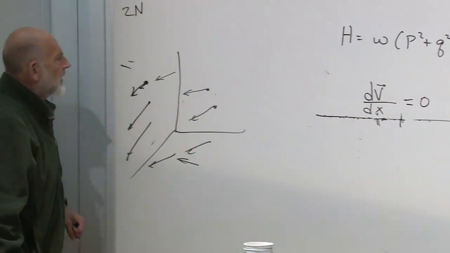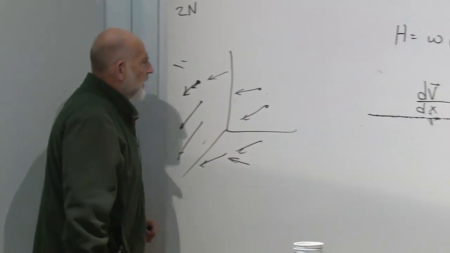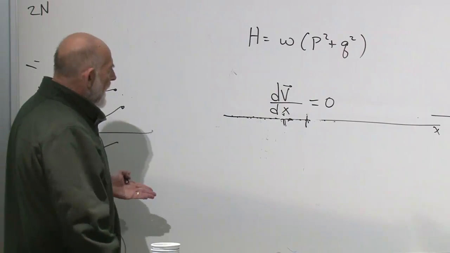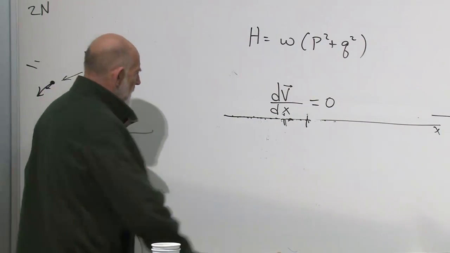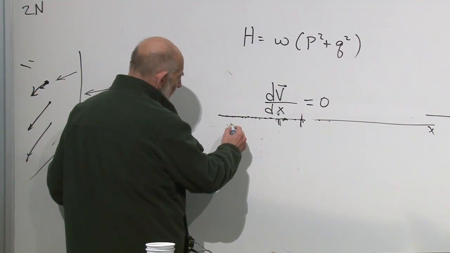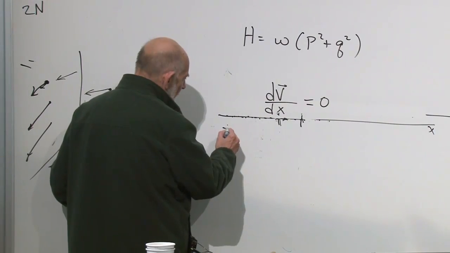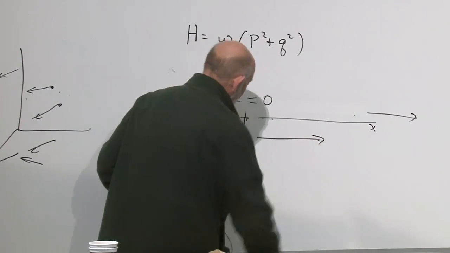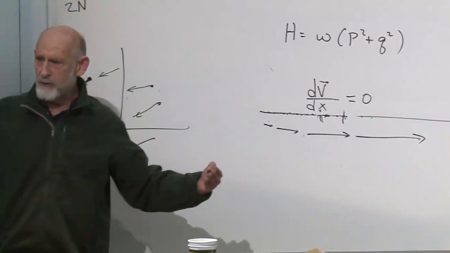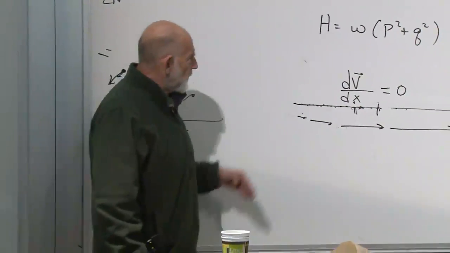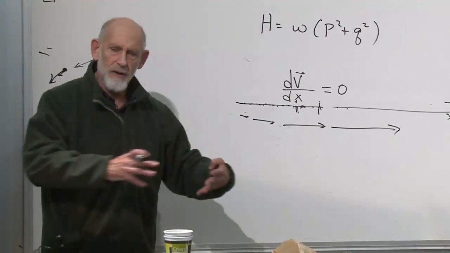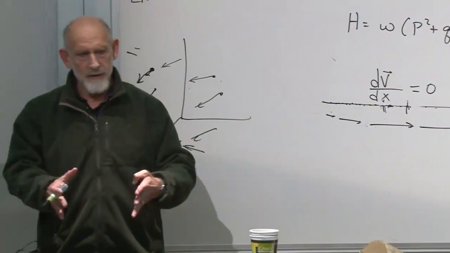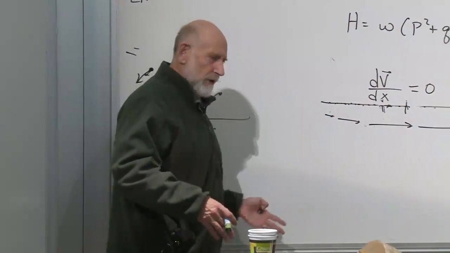What happens if dv dx, the velocity vector, if dv dx is positive? Let's just think about that for a moment. If dv dx is positive, that will mean that as you go to the right, the velocities are getting bigger and bigger. I would say that's decompressing. The fluid is stretching out. So if dv dx is positive, it sounds like it's the opposite of compression.